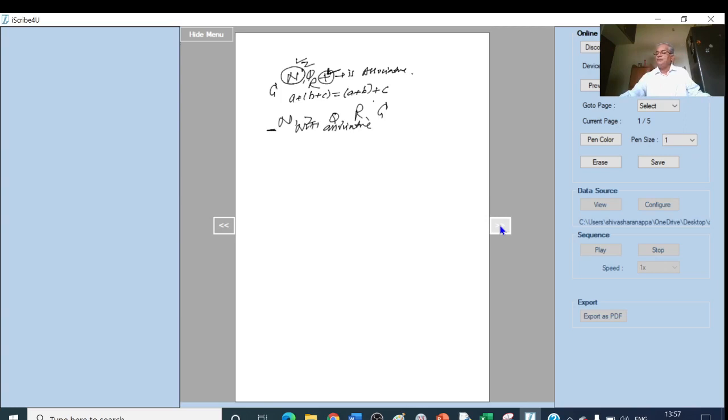Go to any of the sets here, because A minus (B minus C), can I write this is equal to (A minus B) minus C?